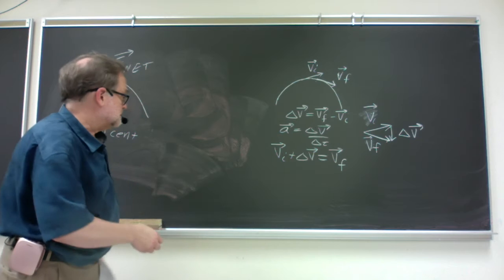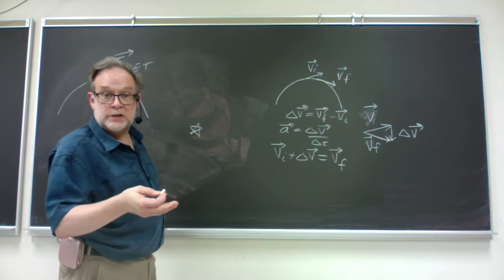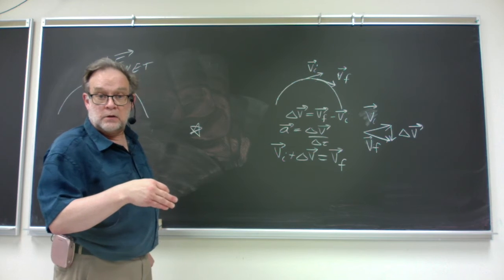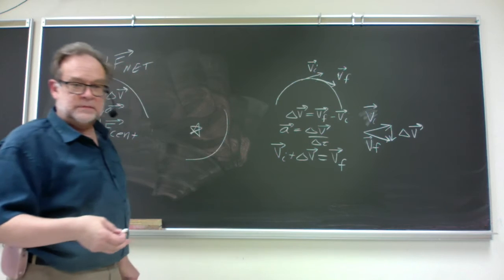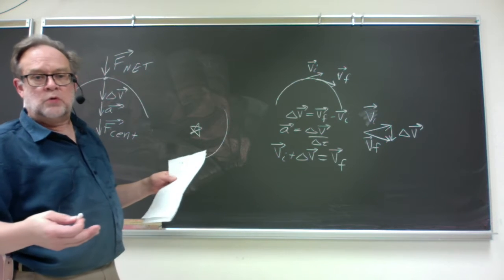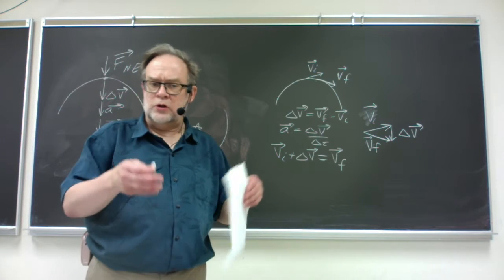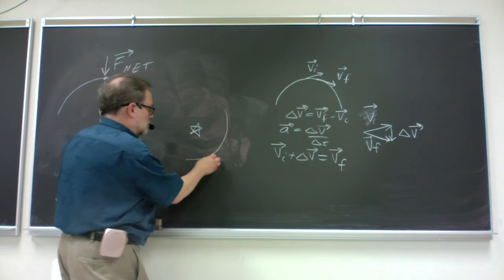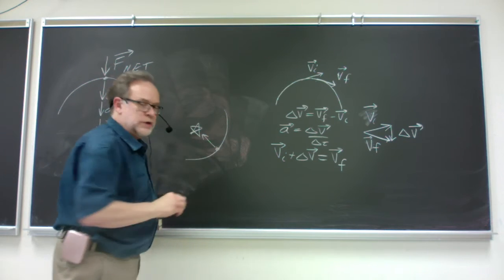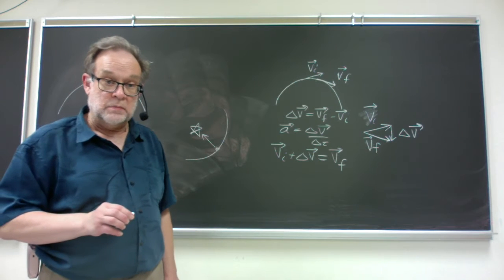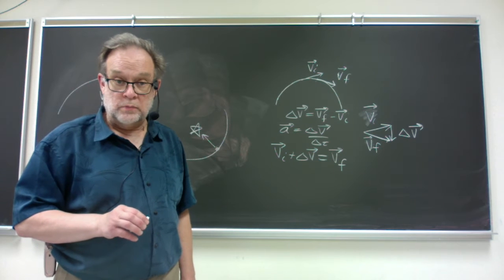For example, you've got a star and a planet revolving around that star. Here's the orbit. Planetary orbits are not perfectly circular, but many of them, like the Earth's, are very close to a circle. So what is that force pointing in towards the center of the orbit that is pulling that planet into a circular orbit?